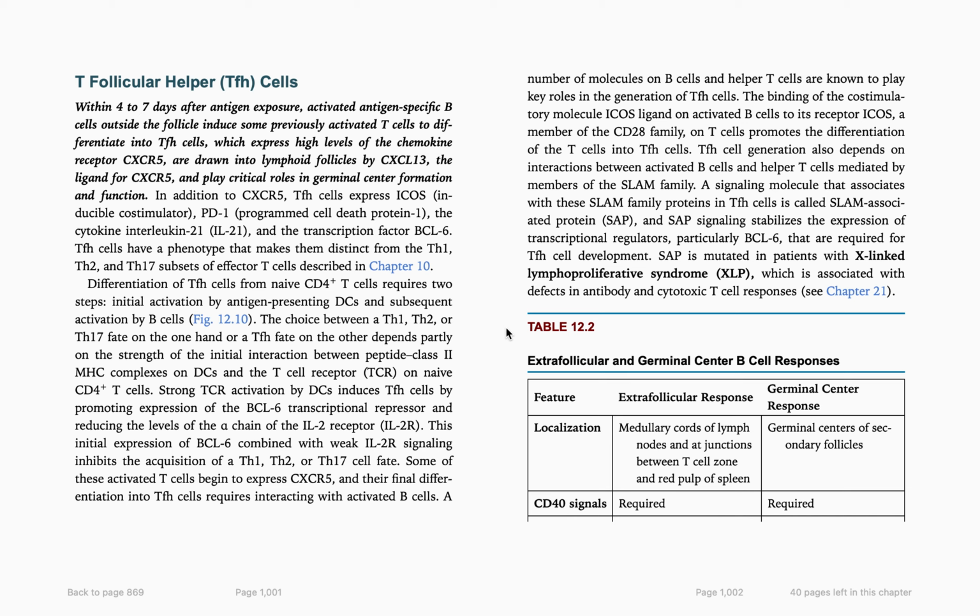In addition to CXCR5, T follicular cells express ICOS, inducible costimulator, and programmed cell death protein 1, the cytokine interleukin 21, and the transcription factor BCL6. The T follicular cells have a phenotype that makes them distinct from the T helper 1, T helper 2, and T helper 17 subsets of the effector T cells described in chapter 10.